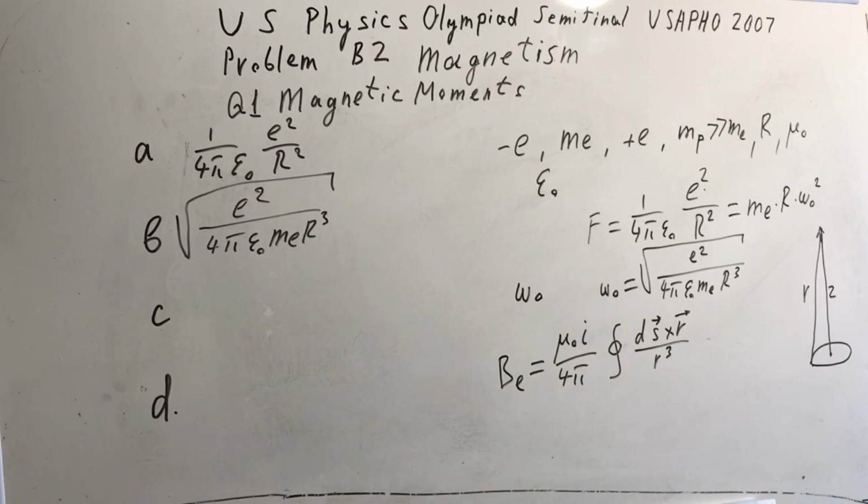So what can we say here? We have some kind of symmetry. It means that if we make a cross product of ds, that's a small vector in the direction of this orbit, with the vector r, we need to split it into two directions.